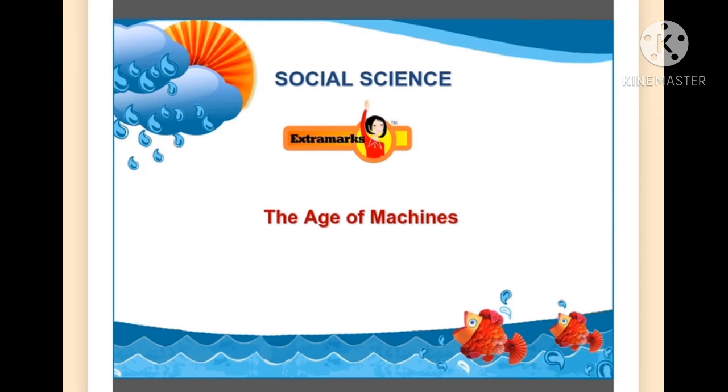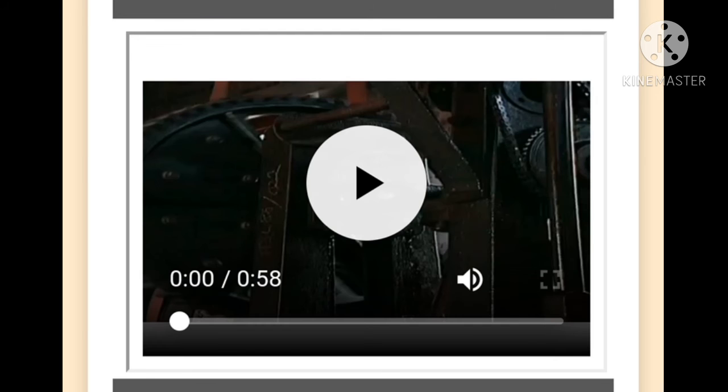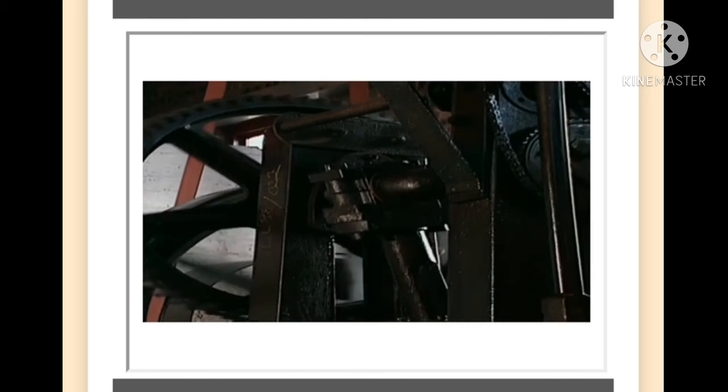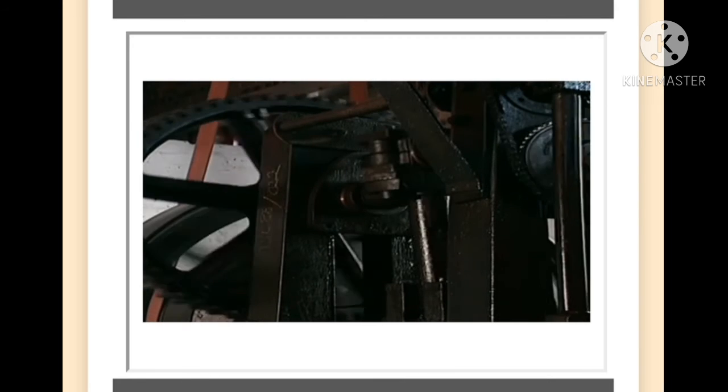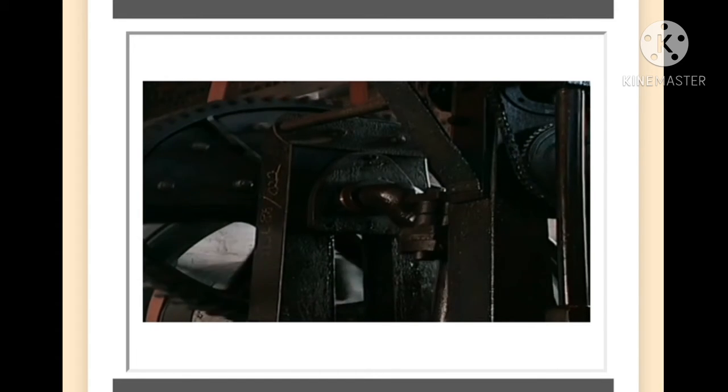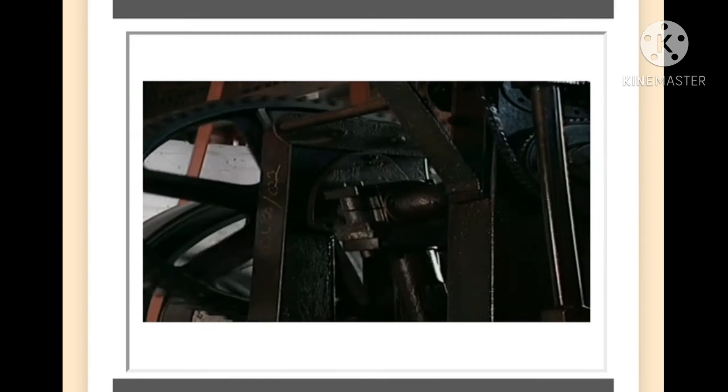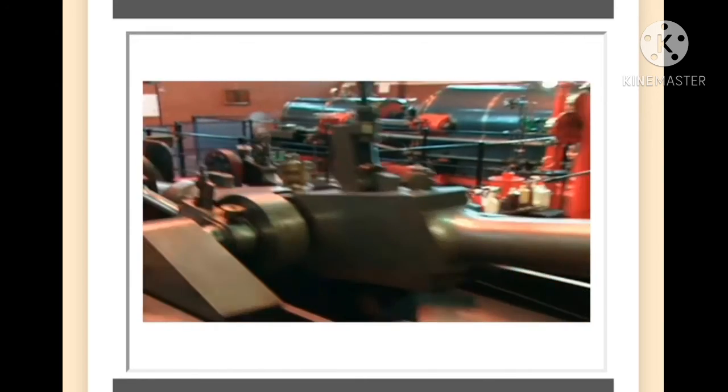The age of machines. Machines are everywhere. Where did they emerge from? Are they helpful to us?